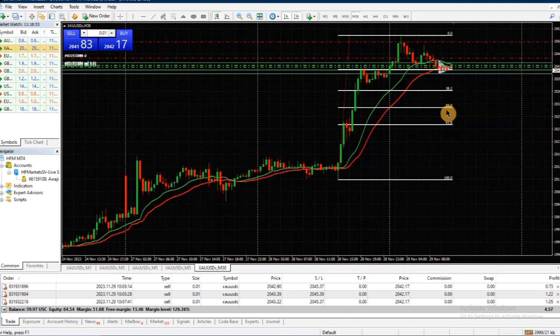This is level 50, which most traders refer to as the golden zone. It is expected that a retracement will occur that will lead to either level 50 or level 38 before the news finally drops. When the news drops, it can either move further down or keep moving up. That's it for today.